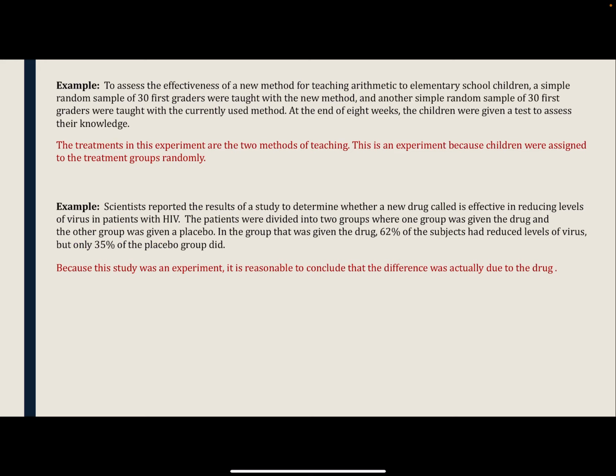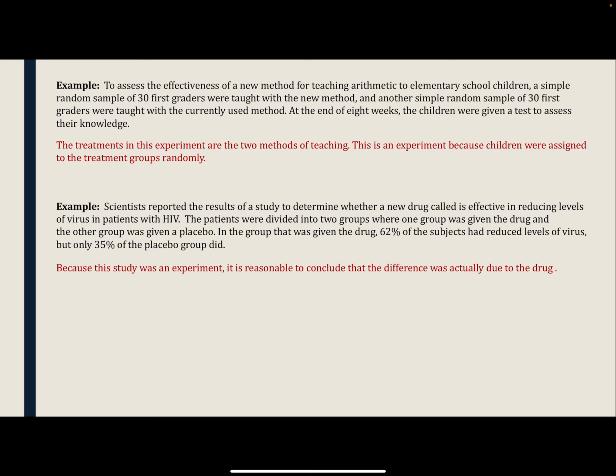With the next example, it says scientists reported the results of a study to determine whether a new drug is effective in reducing levels of virus in patients with HIV. The patients were divided into two groups, where one group was given the drug and the other group was given a placebo.